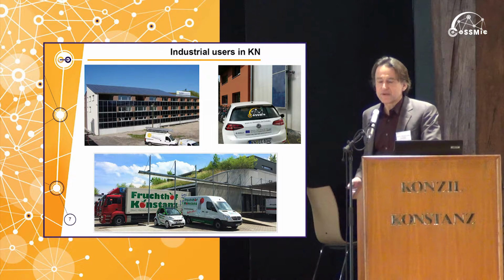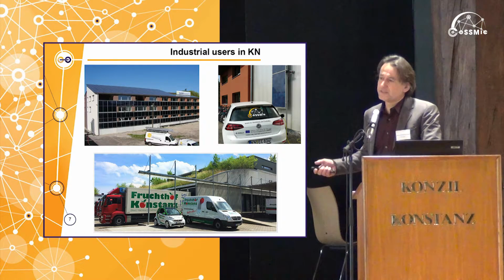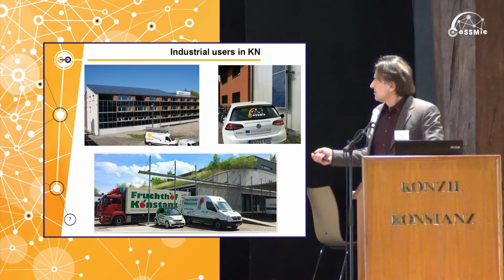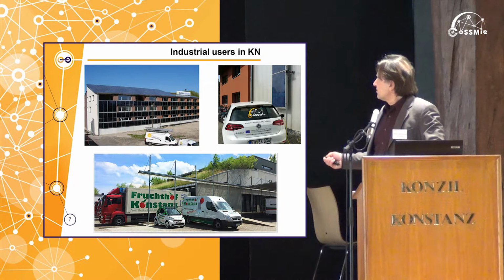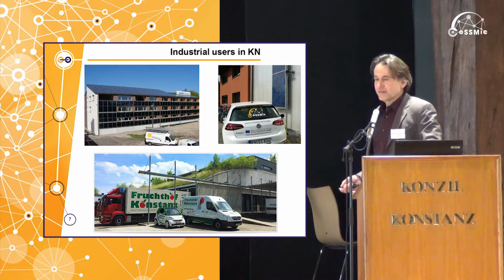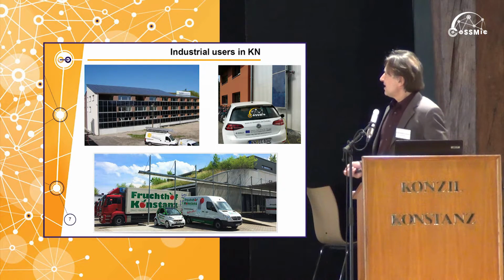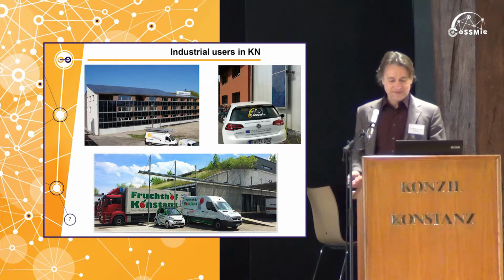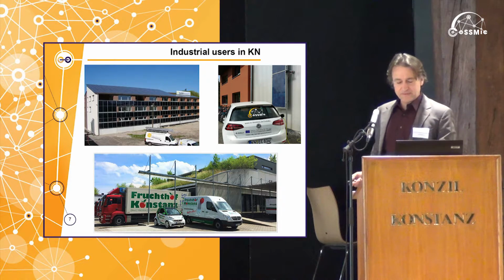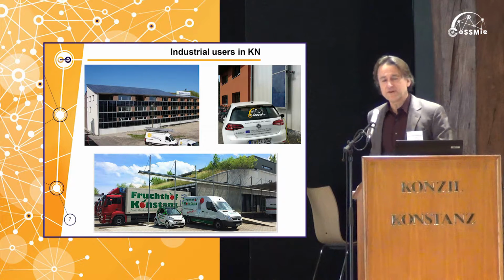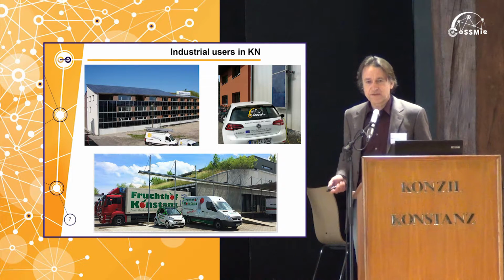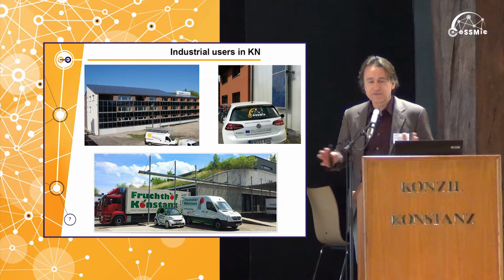I don't show any private uses because of privacy, but I guess these three: that's a sunny solar technique, a large PV system; that's IEC Konstanz here, with the movable battery system; and the Fruchthof Konstanz, also equipped with a PV system, and very interesting for us because there are 6 to 7 different cooling rooms, and the cooling rooms can be shifted by temperature a little bit.